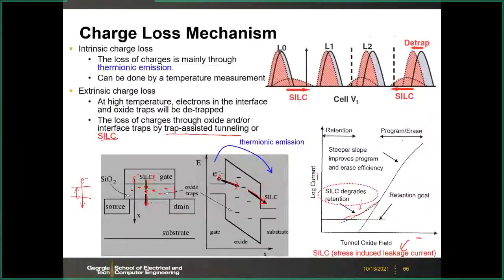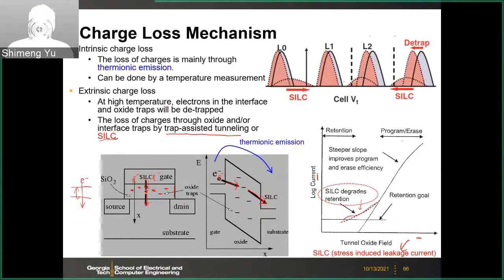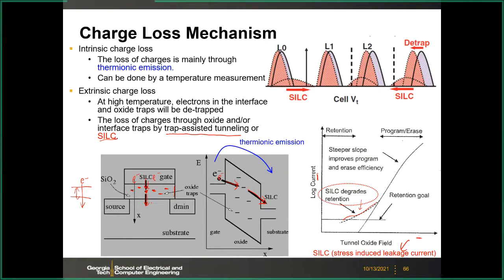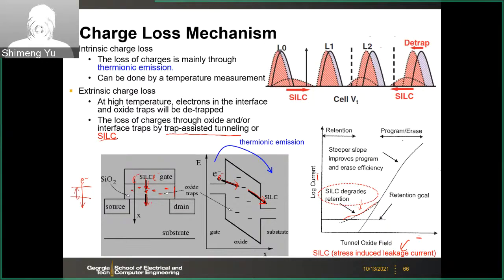So here we show the distribution for the data retention, like a threshold voltage shift. Here the original, this is MLC, 2 bit per cell. Those are the original distribution of those 4 levels, but the red ones are after some time, after the retention degradation happens.